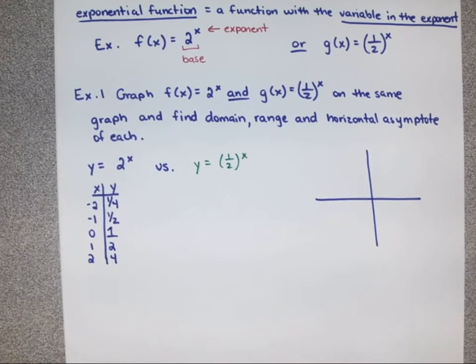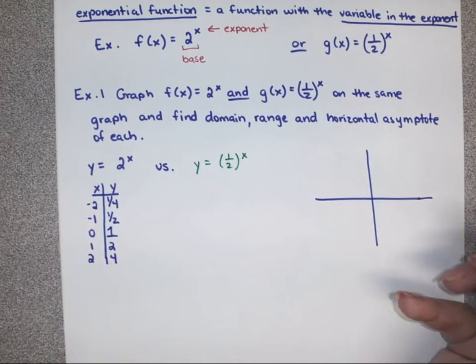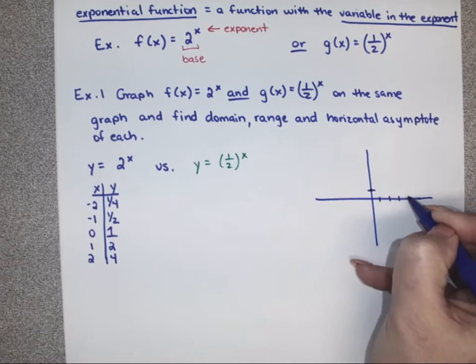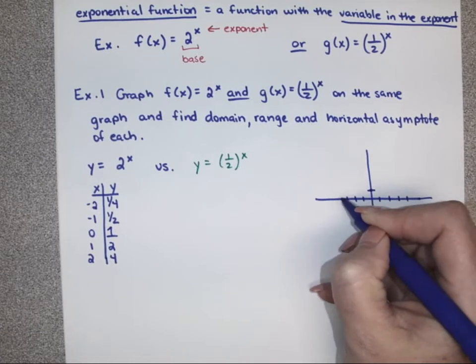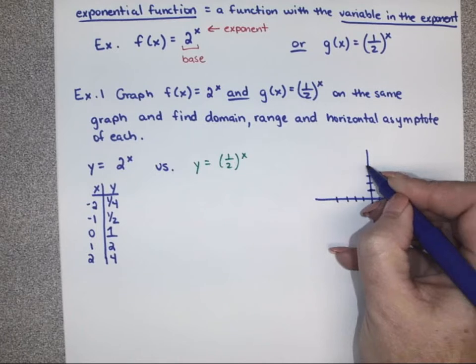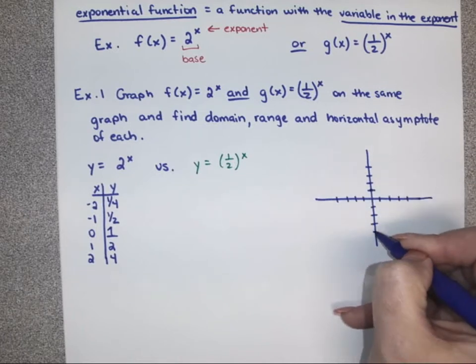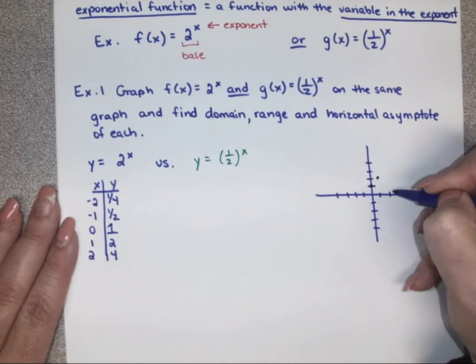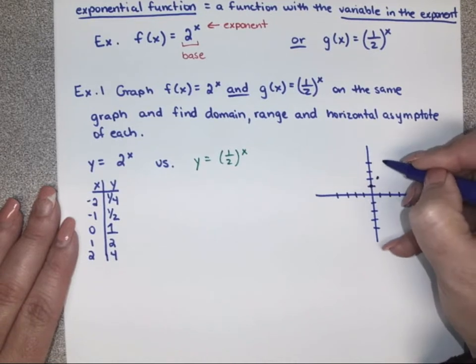So let's go ahead and graph this one first, and then we're going to compare it to the other one. So we got 0, 1 here. Let's maybe go out 4 in every direction. That should be sufficient. So we've got 0, 1, we've got 1, 2, we've got 2, 4.